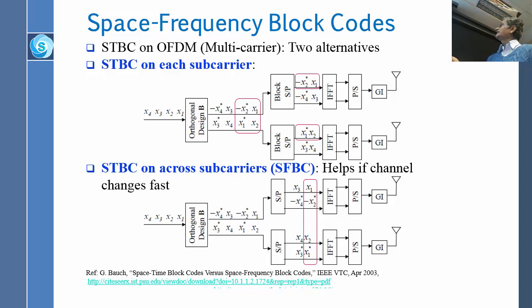We are going to send x1 in the first time slot, x2 star in the second time slot, and we are not going to send the other one, which was x1 star and x2 star, on the same antenna or the same subcarrier. So this is mixing frequency as well as time and antenna, in some sense. We have 2 antennas, 2 time slots, 4 subcarriers, everything is mixed in.